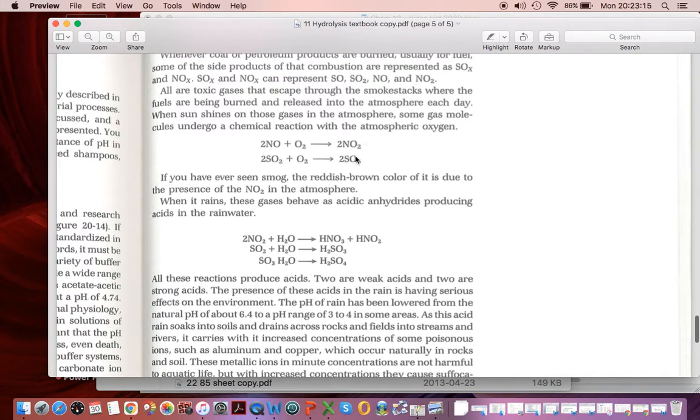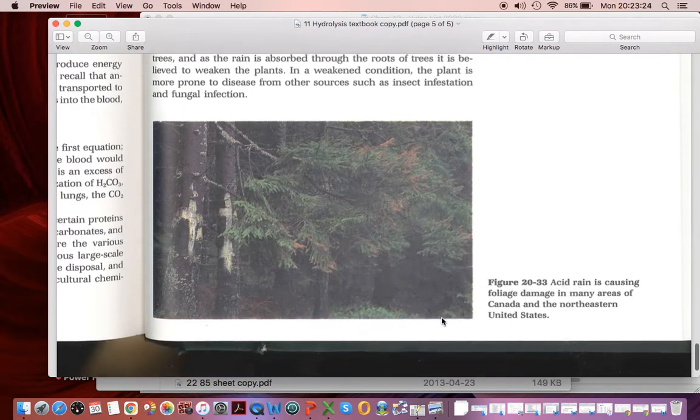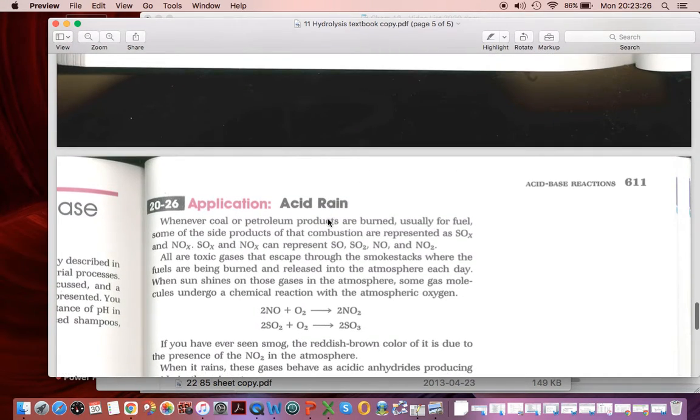So you should know how these different materials can react with water in the atmosphere to produce acid rain. So that's totally fair game when we get around to a test.